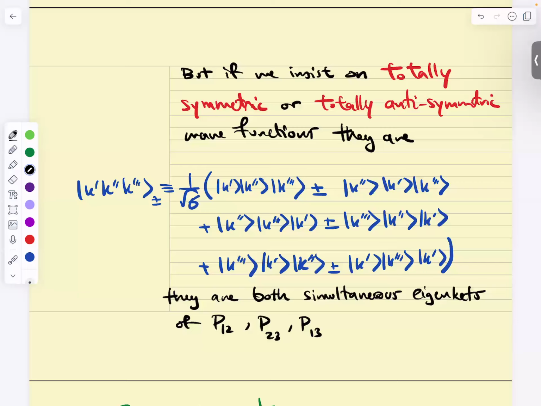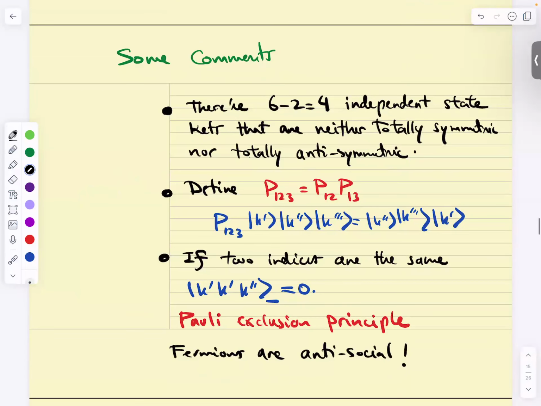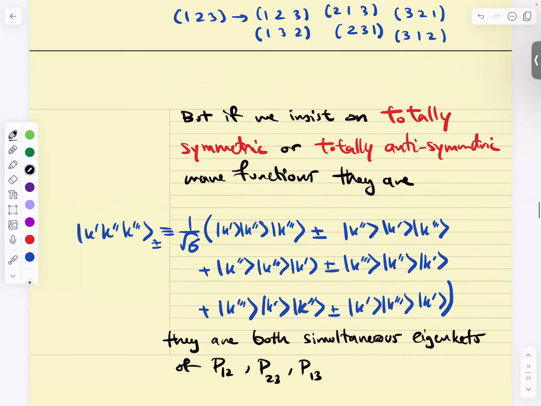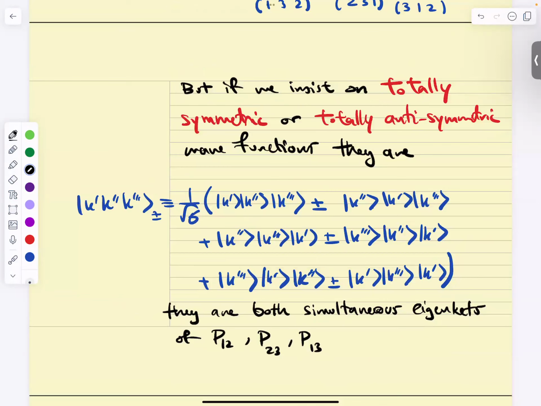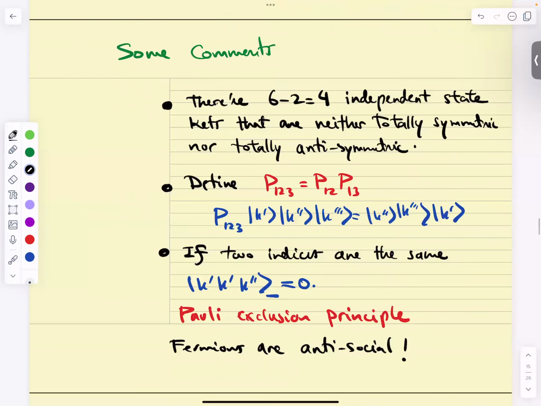One case is boson, the other one fermion. A bunch of comments. Notice that this is a 6-dimensional space. So I just showed you a 2-dimensional subspace of it, total symmetric and total anti-symmetric.